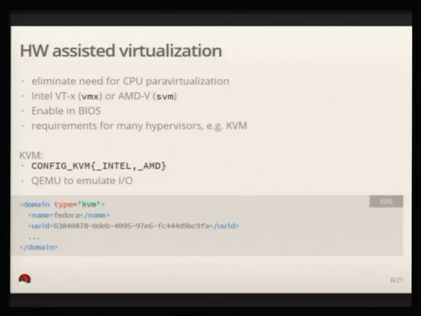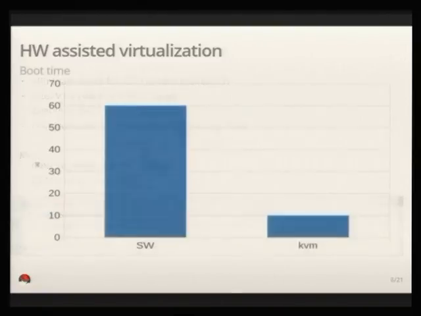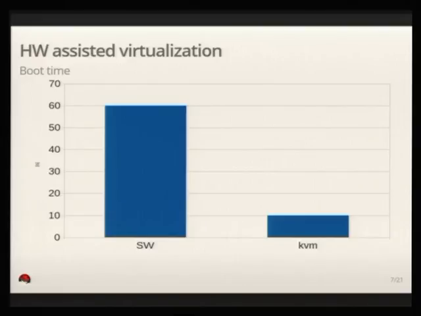How do you enable hardware-assisted virtualization in the kernel? In libvirt, it's really simple. You just select the correct domain type, which in this case is KVM. How does it perform? Well, I've done some testing here on my laptop previously, and as you can see, I basically just measured how long it takes for a guest to boot up.